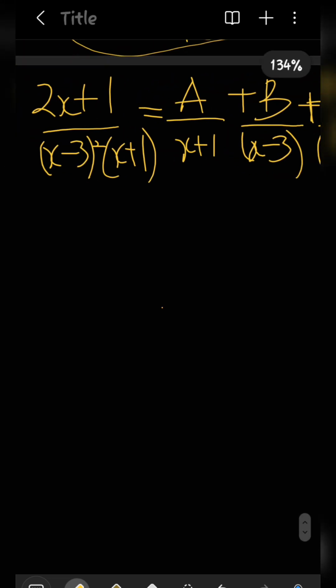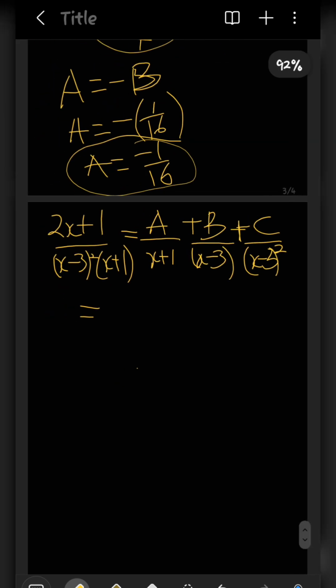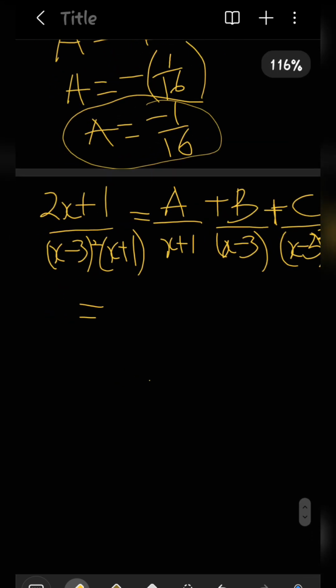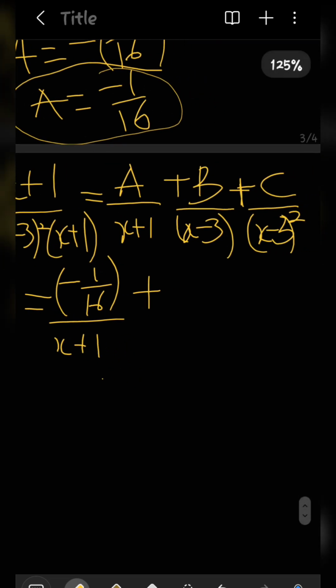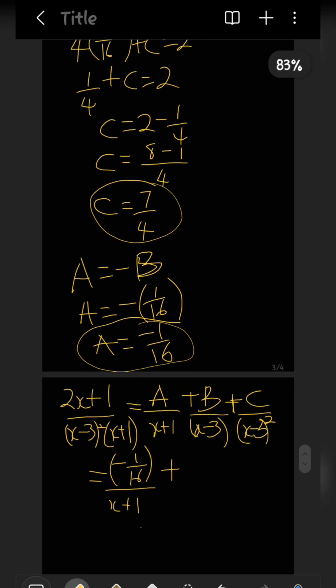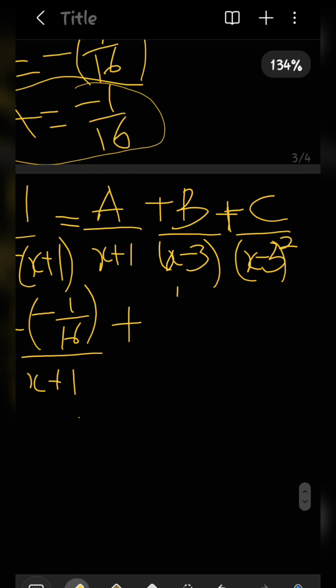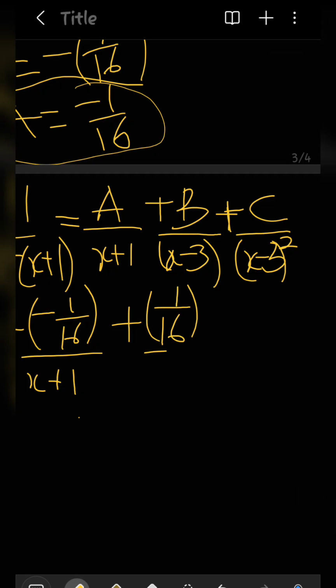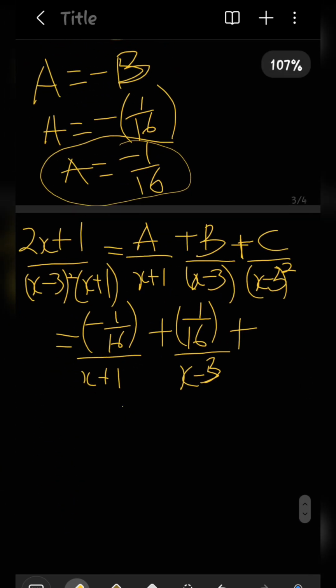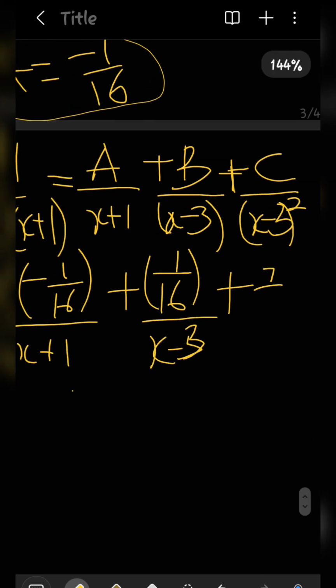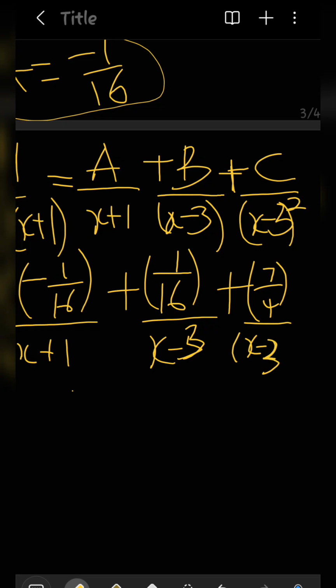So our value of A is minus 1 over 16. So we have minus 1 over 16 all over x plus 1, plus our value of B is 1 over 16, so we have 1 over 16 all over x minus 3, plus our value of C is 7 over 4, so we have 7 over 4 all over x minus 3 all squared.